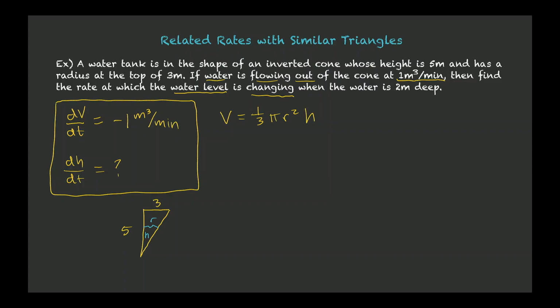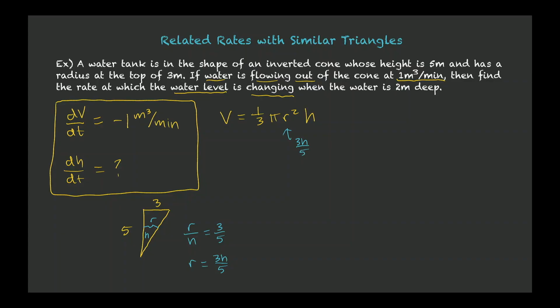So we get an equation like r over h is in the same proportion as 3 over 5. And then we can solve this for r by multiplying h over, and we'll get r is equal to 3h over 5, and then we can take that and plug it in for r in our equation for a cone. So 3h over 5 will get plugged into the volume of the cone.